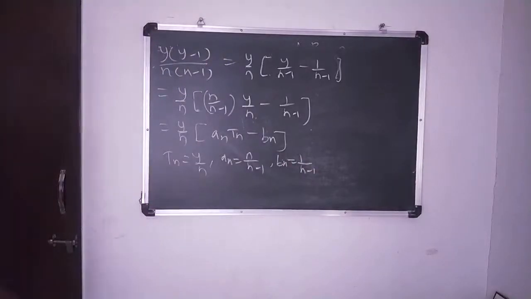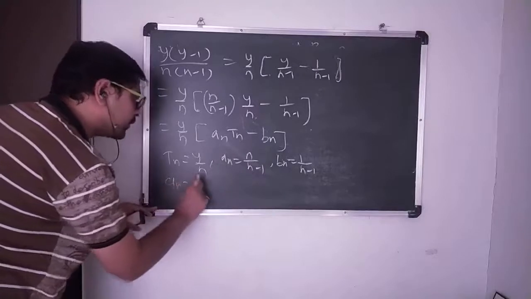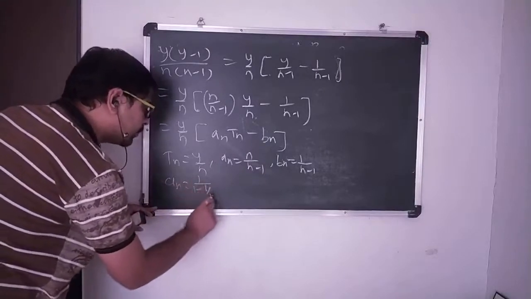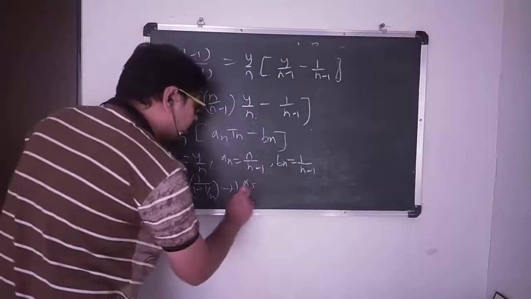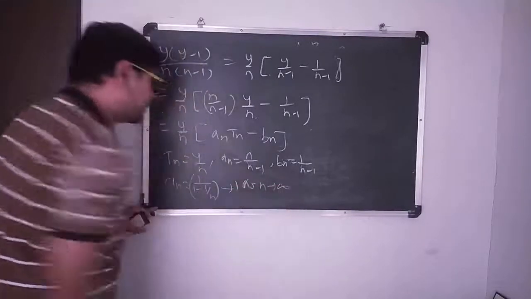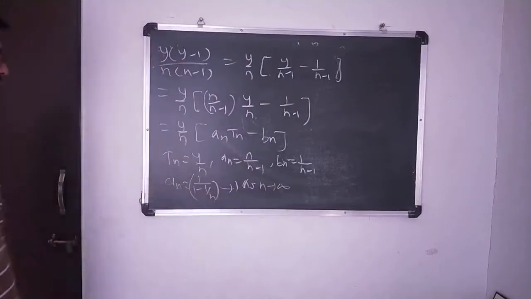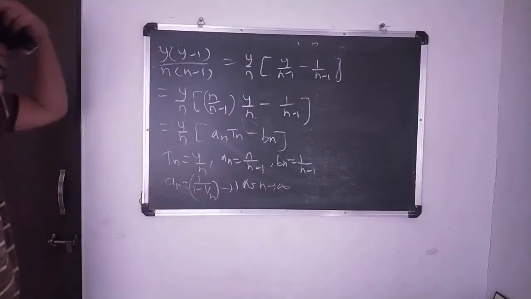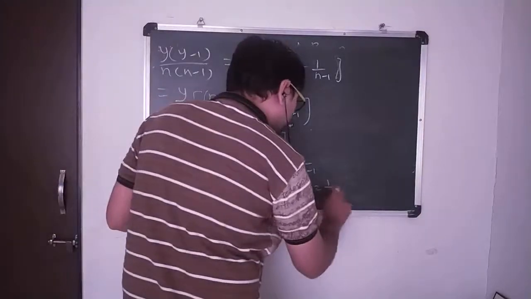Now An is equal to 1/(1 - 1/n). This tends to 1 as n tends to infinity, since 1/n tends to 0, giving 1/(1 - 0) = 1. Consider Bn, 1/(n-1).